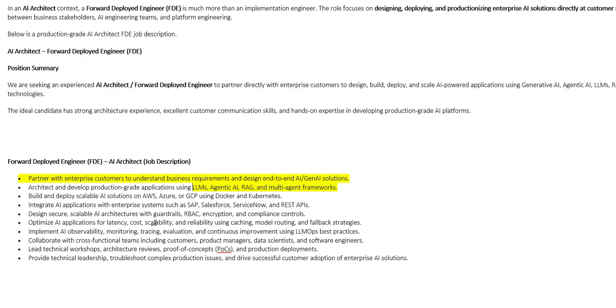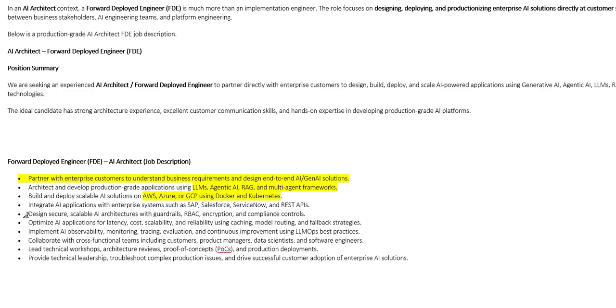And build and deploy scalable AI solutions on AWS, Azure, and GCP using Docker and Kubernetes. So here the focus is on multi-cloud as well as container tools, the Docker and Kubernetes framework, and integrating AI applications with enterprise systems such as third-party systems, SAP, Salesforce, ServiceNow, and REST APIs.